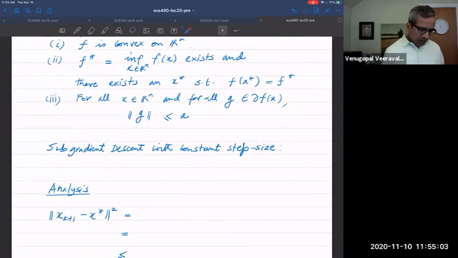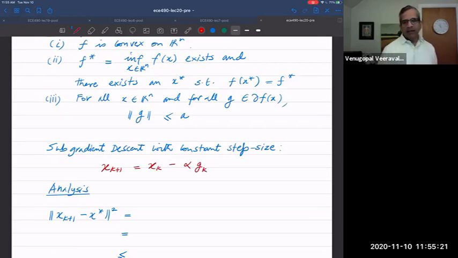All right. So now let's look at subgradient descent with constant step size. The iteration looks very similar to gradient descent, but instead of using the gradient, we use any gk that is a subgradient at xk.